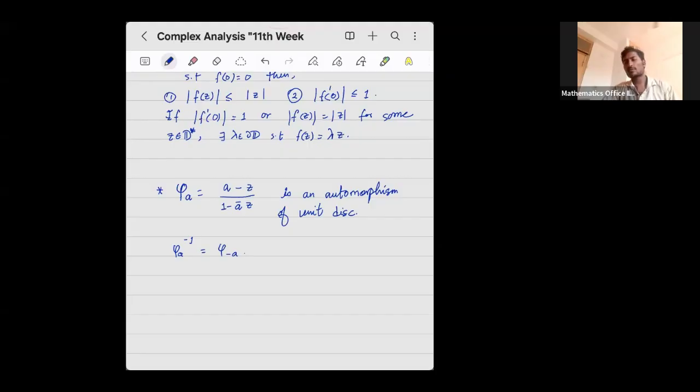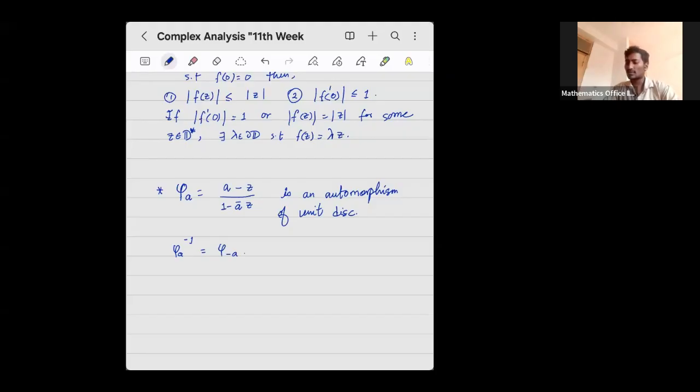If we have some automorphism, the question is, for a holomorphic map from D to D, what is the modulus of f prime? We had discussed this when f is a map from D to D sending alpha to beta.